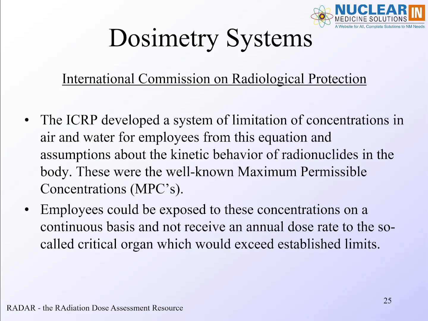So we had MPCs. They also had them for water, air and water. Now we just have them for air. But employees could be exposed to these concentrations on a continuous basis and not receive an annual limit exceedance. In this original ICRP2, it was dose rate. We did rem per year.